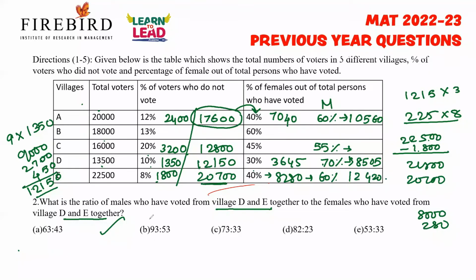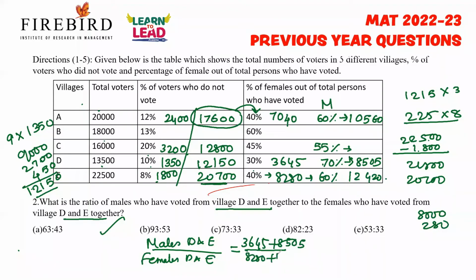Okay, so what you have to find out is the ratio of males in village D and E together to females in village D and E together. So males in village D and E together is what? 3,645 plus 8,505 divided by females, 8,280 plus 12,420.